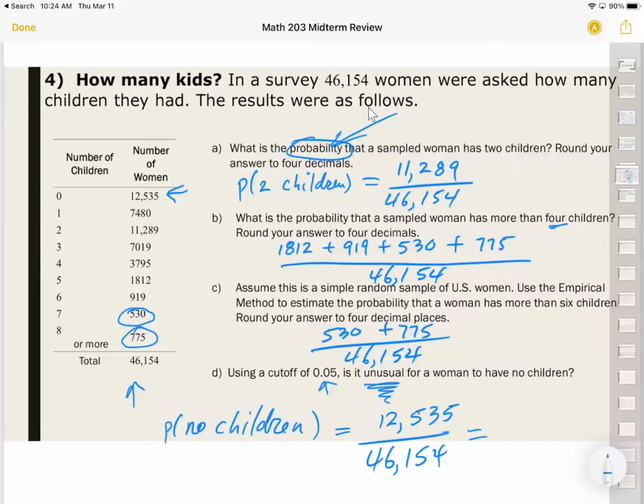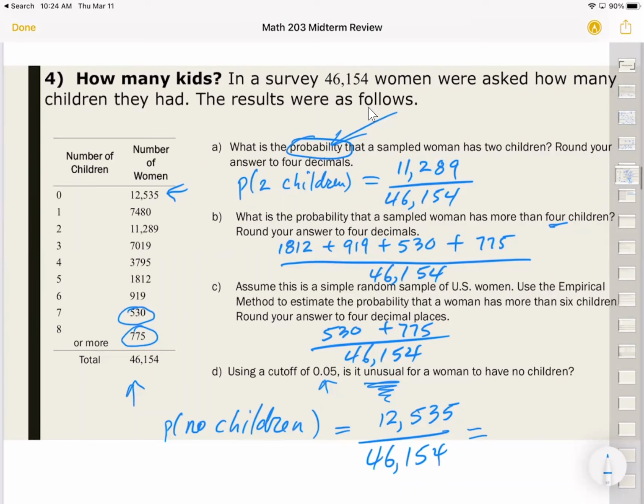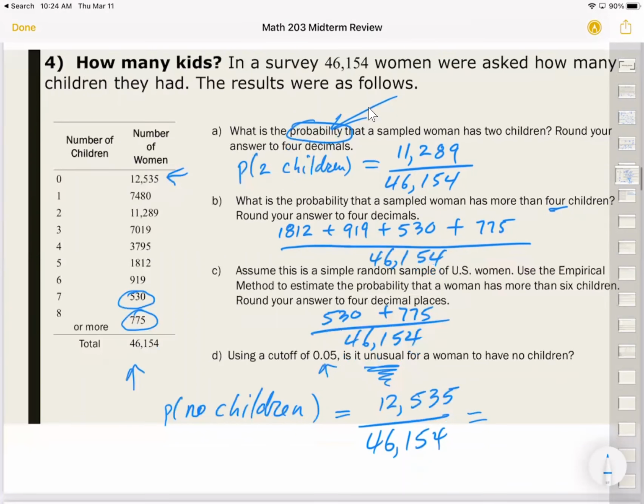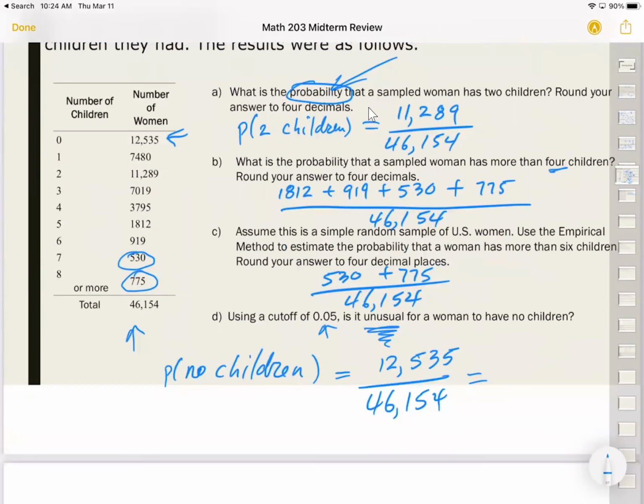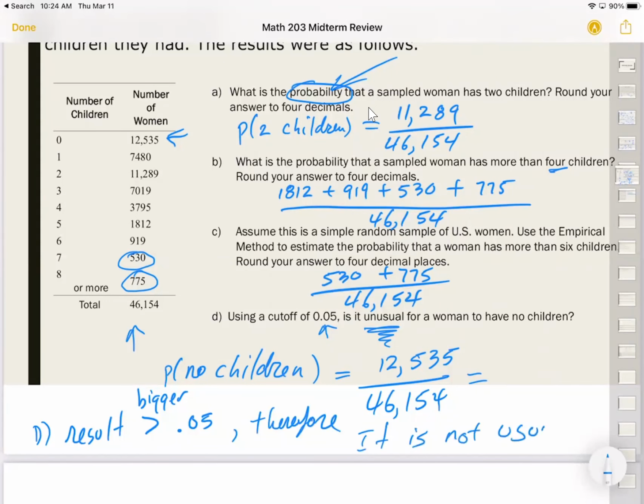Everybody see that? The result here, I think it's like 0.12 something, right? So the result for part D is bigger than 0.05, therefore it is not unusual.